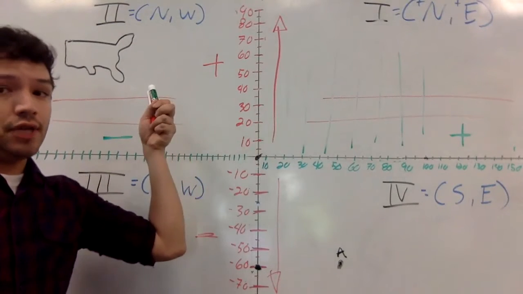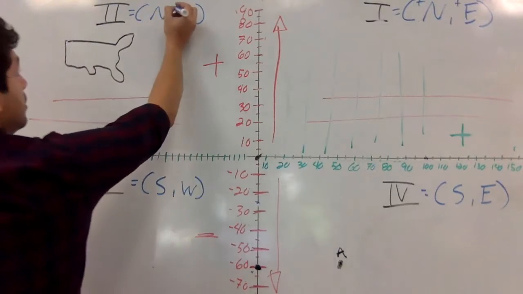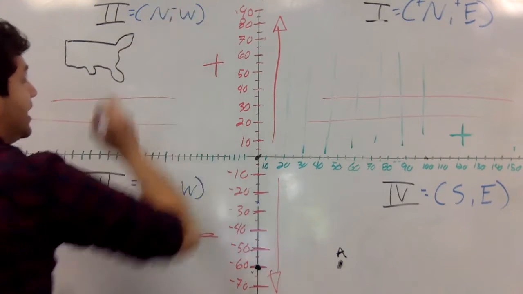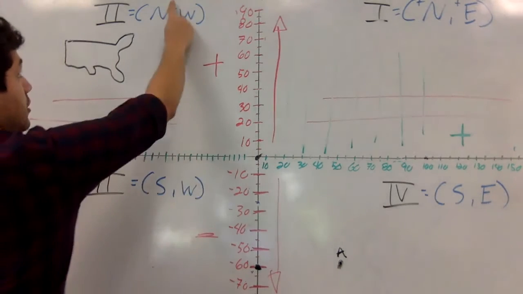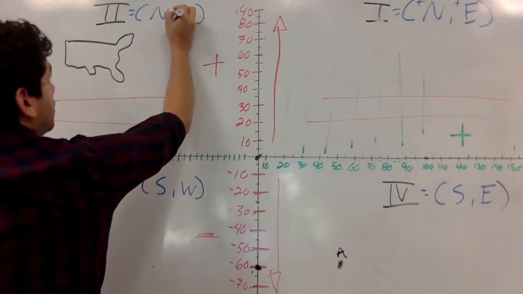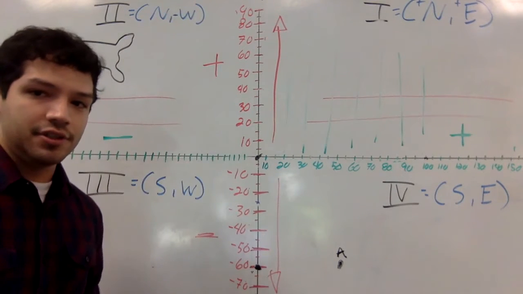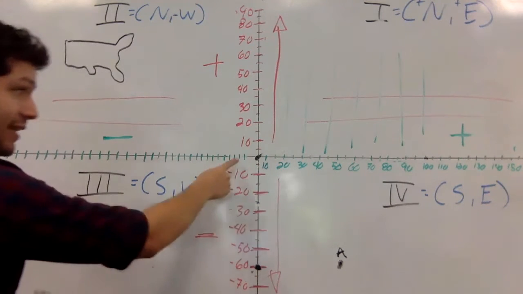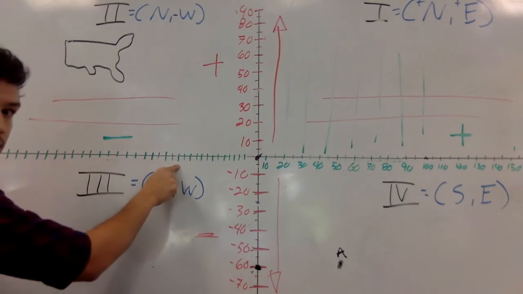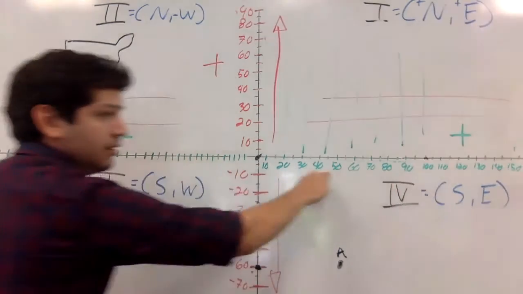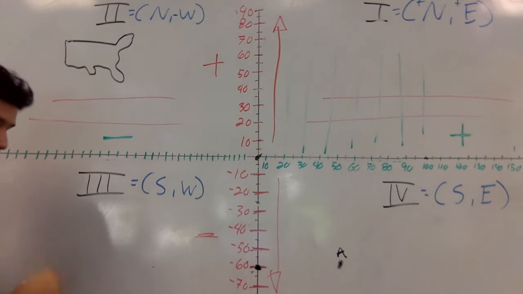Quadrant 2, you get your positive latitude, positive north, but you also get a negative number for west. Your west number is going to be negative because they fall under these sets of numbers. Again, east is positive, west is negative.